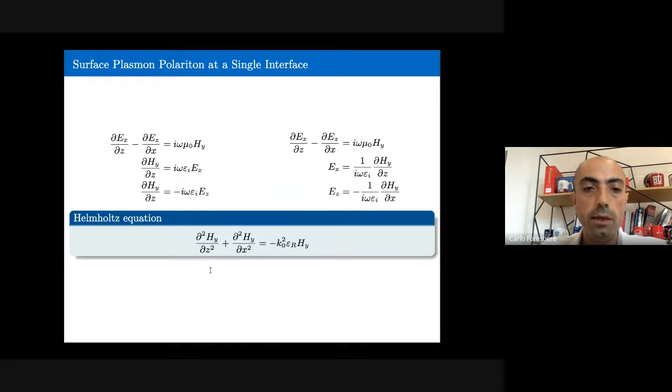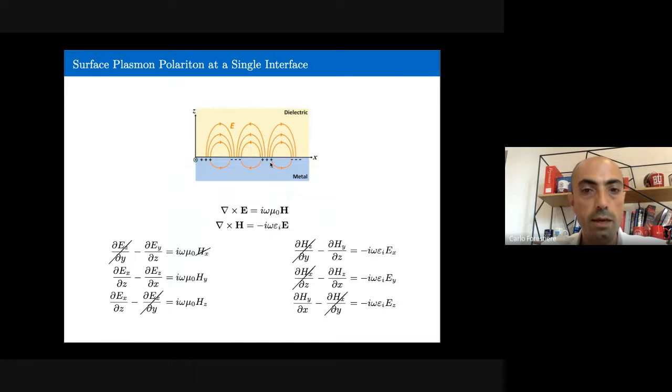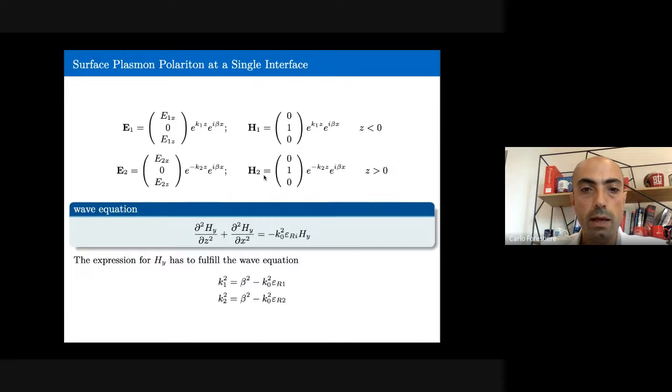At this point, we end up with a set of equations that can be combined to build the Helmholtz equation. We apply the Helmholtz equation in both spaces, and then we make an ansatz, an assumption, that the electromagnetic field has this form.